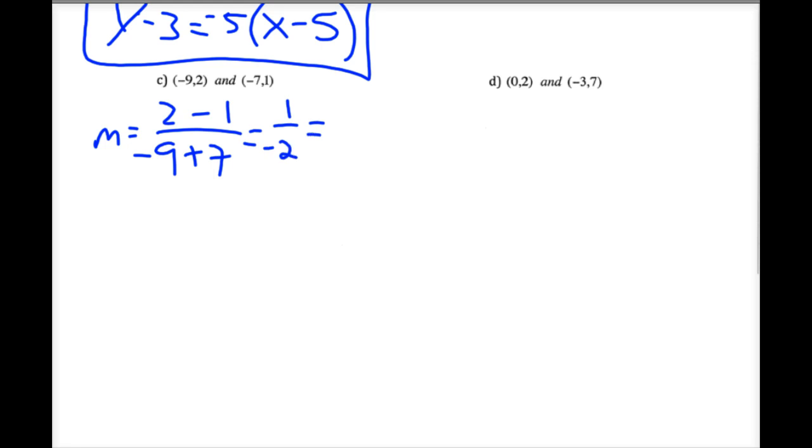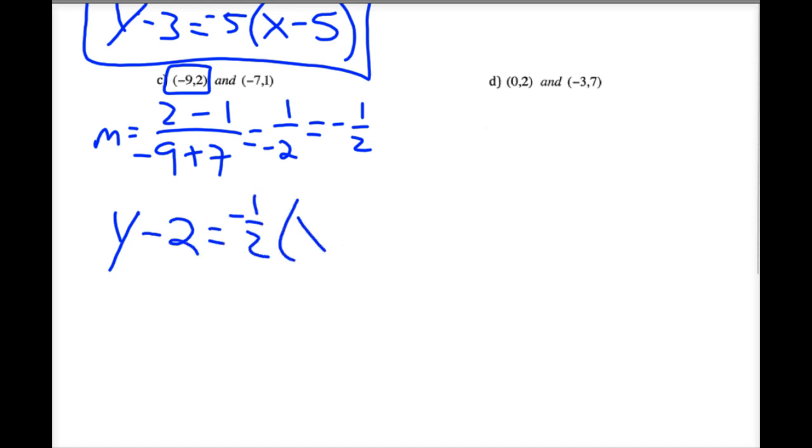So what's the slope of that line? -1/2. Yeah, -1/2. How many people got -1/2 for the slope? I did. Okay. Lance, use the first point and give me the equation in point-slope form. Y equals... That's not point-slope form. Y minus 2 equals -1/2 times the quantity x plus 9. Be careful with your signs.